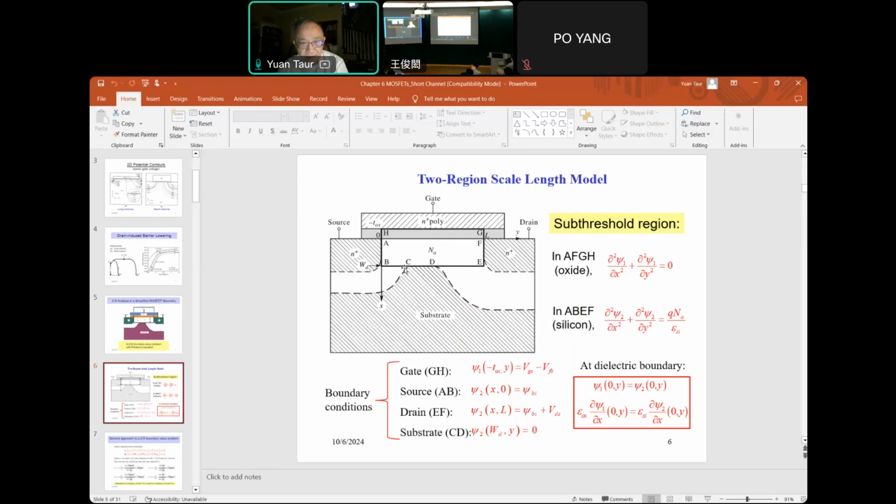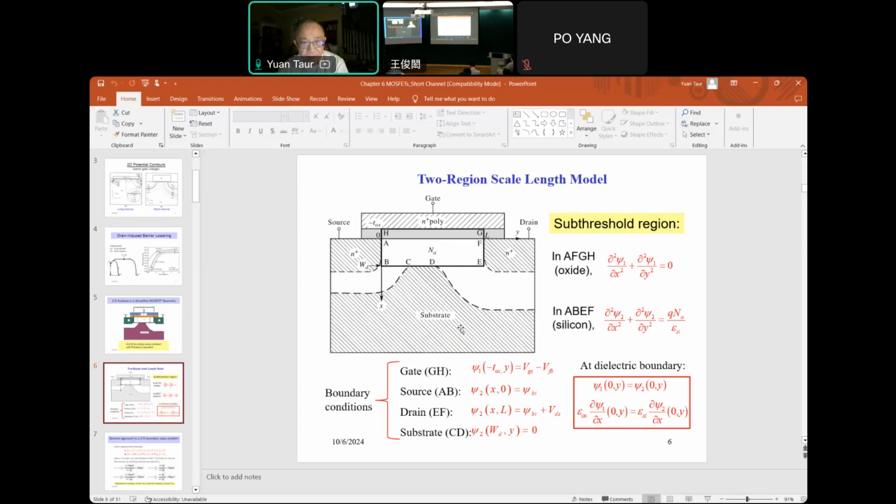So those are three. At the bottom is CD here. For CD, the depth we define to be WD. 0 is A, and WD at B is the diffusion depth, usually the maximum diffusion depth near threshold voltage. So CD is this length, and that's 0.